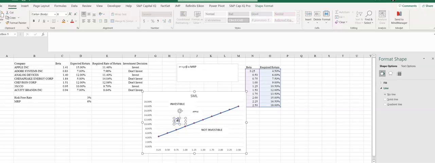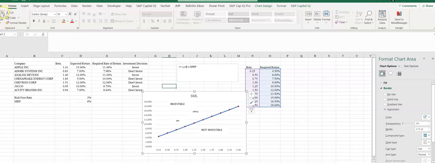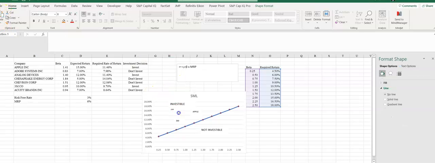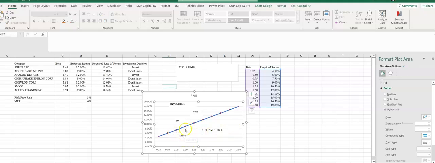So we can maybe again copy and paste this in here. We could just put it the other way, somewhere around here, right? It is not investable because its expected return is below its required rate of return. So Adobe is below the line, therefore it is not investable.